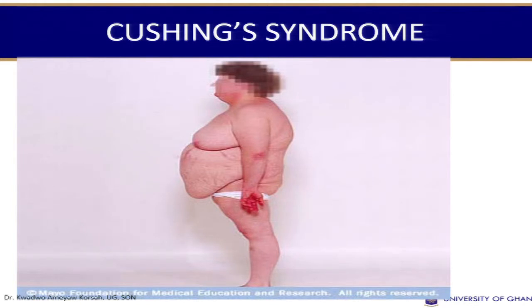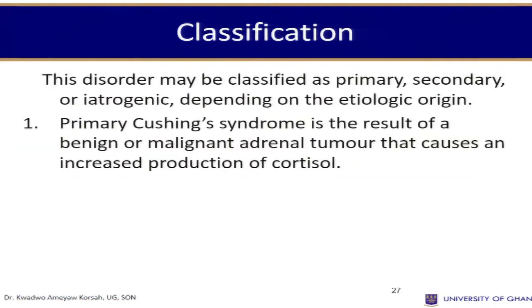Picture showing a lady with the abdomen, and then we have a lot of fats in those areas. And classification, the disorder may be classified, grouped or categorized as primary, secondary, or iatrogenic, depending on the etiologic origin.